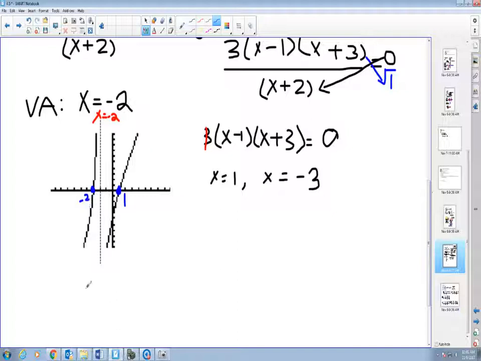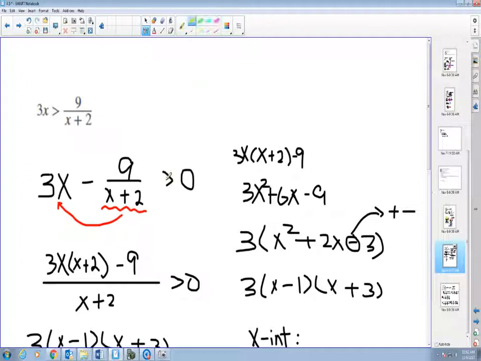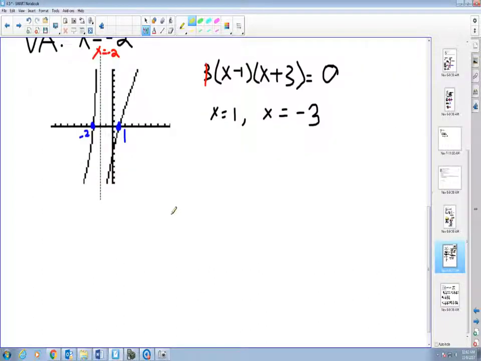Even though I might not see all the other pictures, I know that this thing going down and somehow curving back up is not going to cross over the x-axis. Because if it does, I will actually have another x-intercept here or on this side. So looking for the part of the function where the y value is below the x-axis.